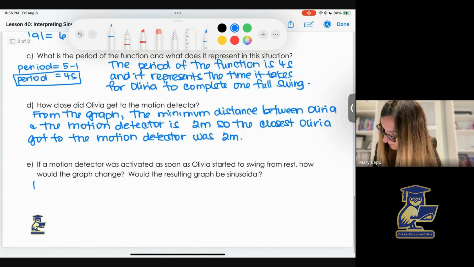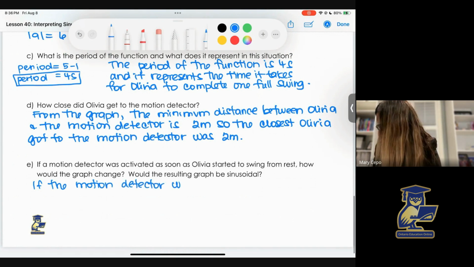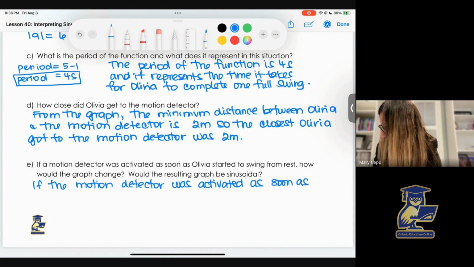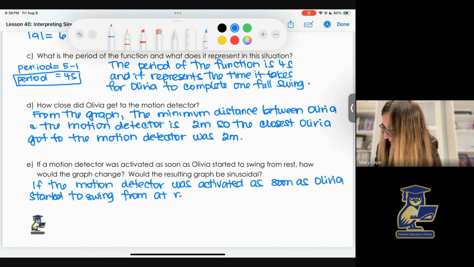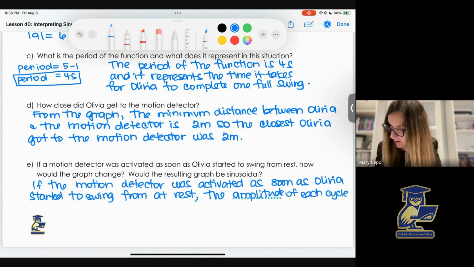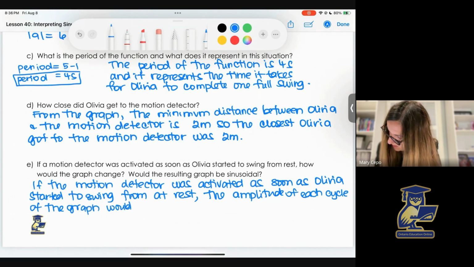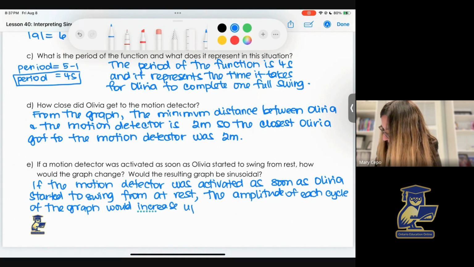So if the motion detector was activated as soon as Olivia started to swing from rest, the amplitude of each cycle of the graph would increase until the amplitude became 6 meters, so there would be varying amplitudes.